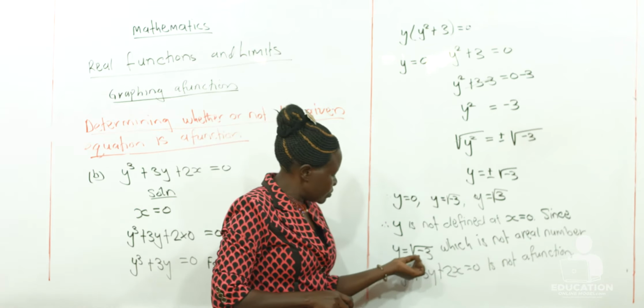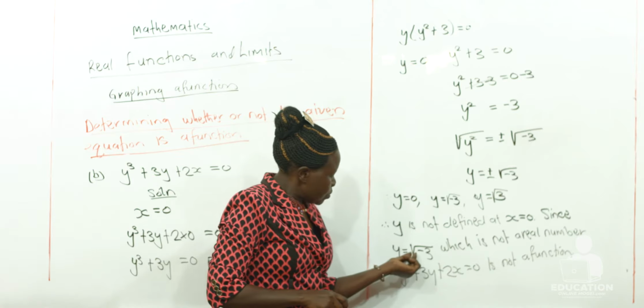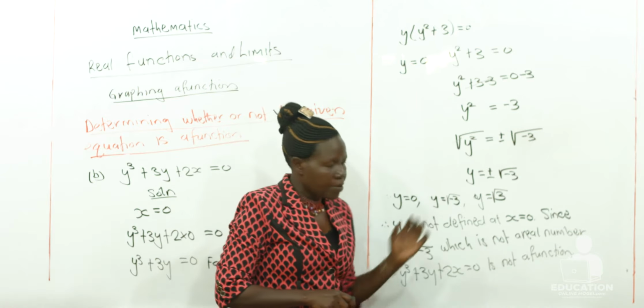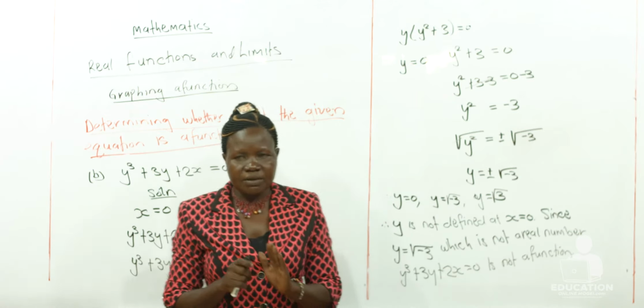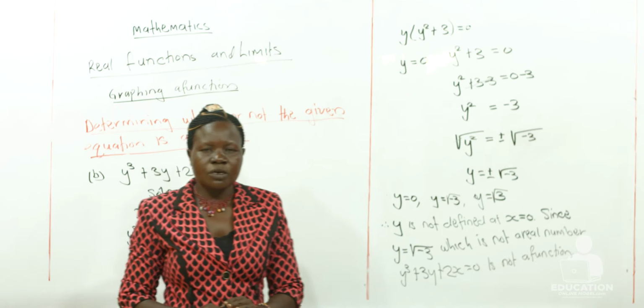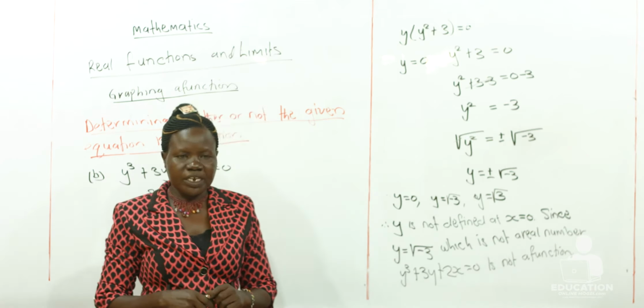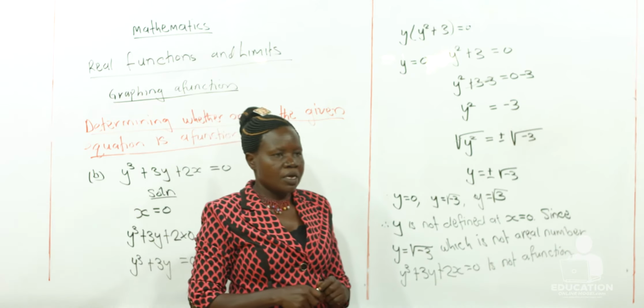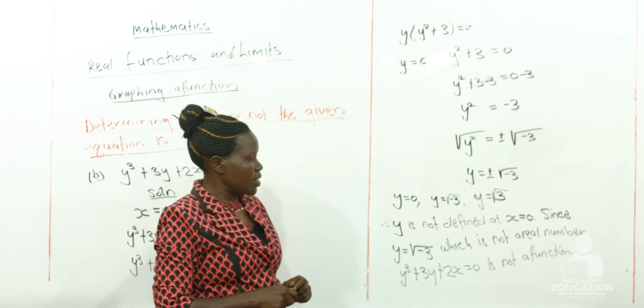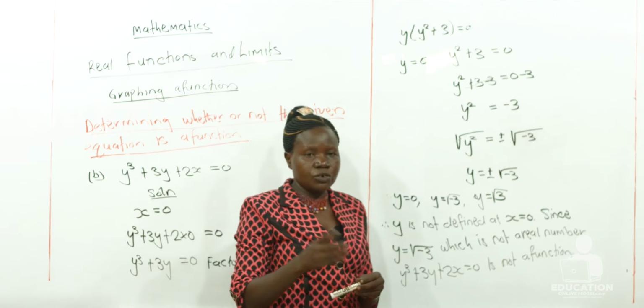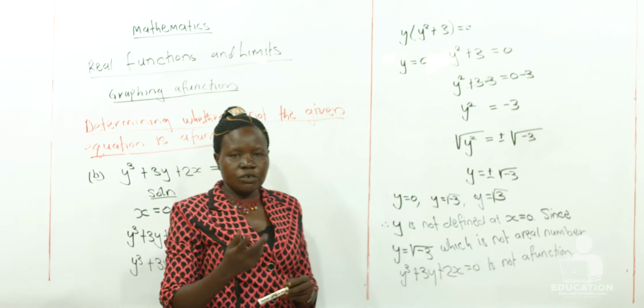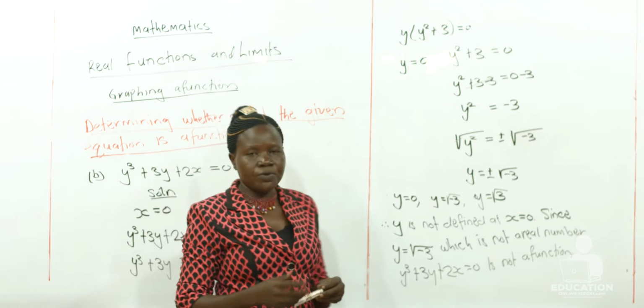As I conclude, looking at the outcome, for you to prove whether the equation is a function, you lower the x to 0. You equate x to 0. Just as I told you that even in everyday relationships, a relationship becomes good when both of you have.